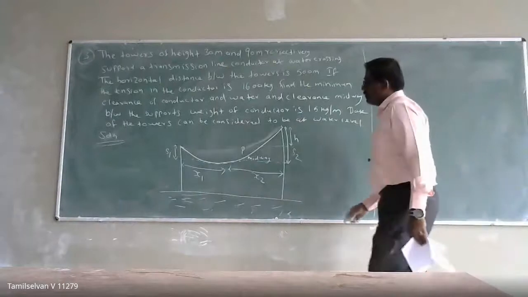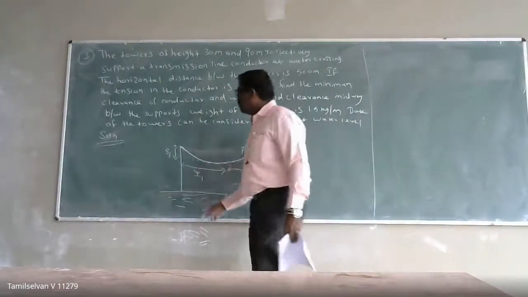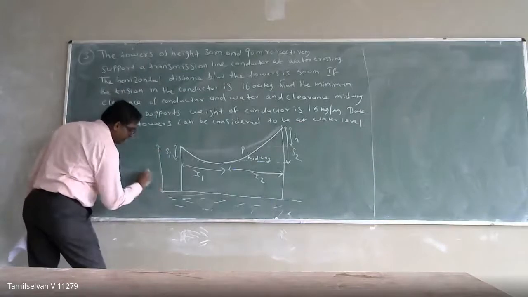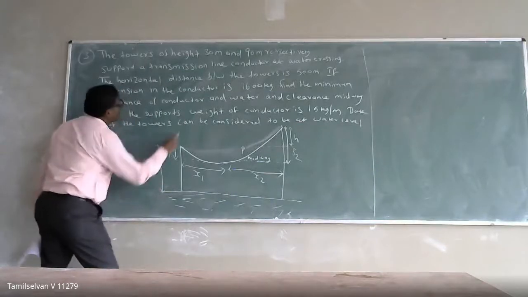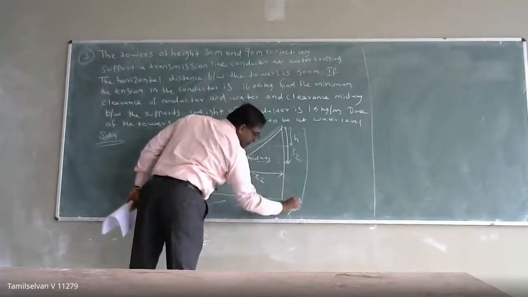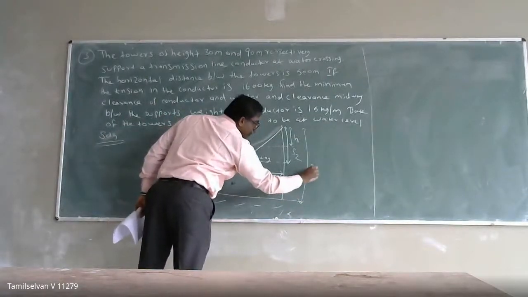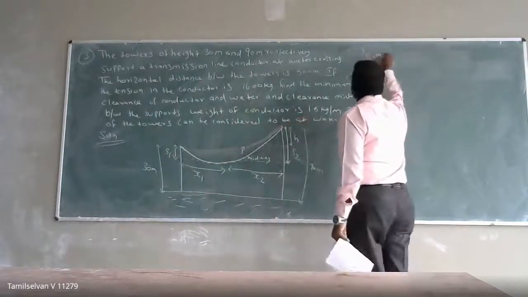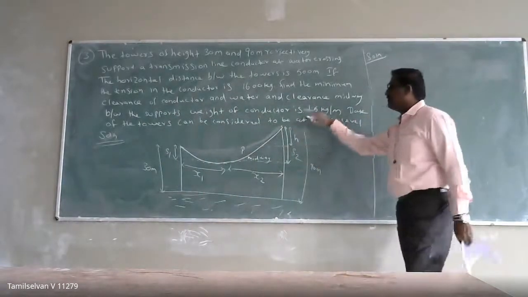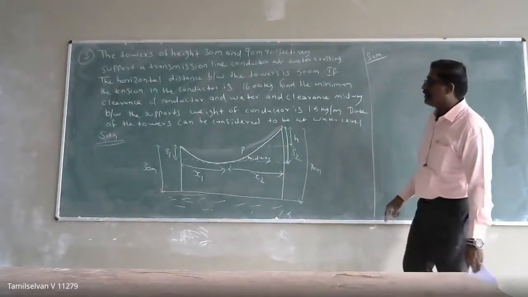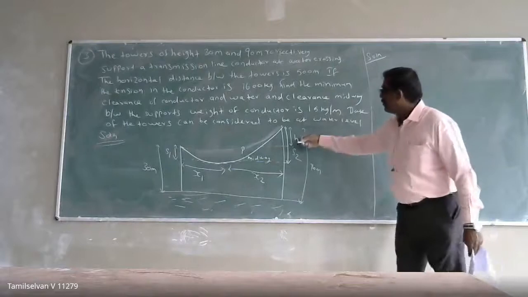So the given tower heights: this tower height they given 30 meter, and the other height is 90 meter. What are the values they given? The height of the towers. So you can get h: h is equal to 90 minus 30, because this total height is 90 meter, and the height of this tower is 30 meter, up to this point. So that is the height h.